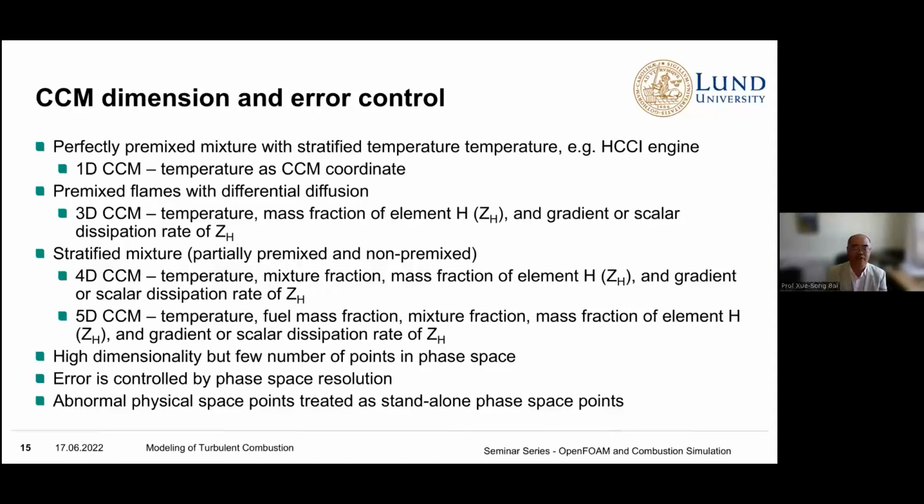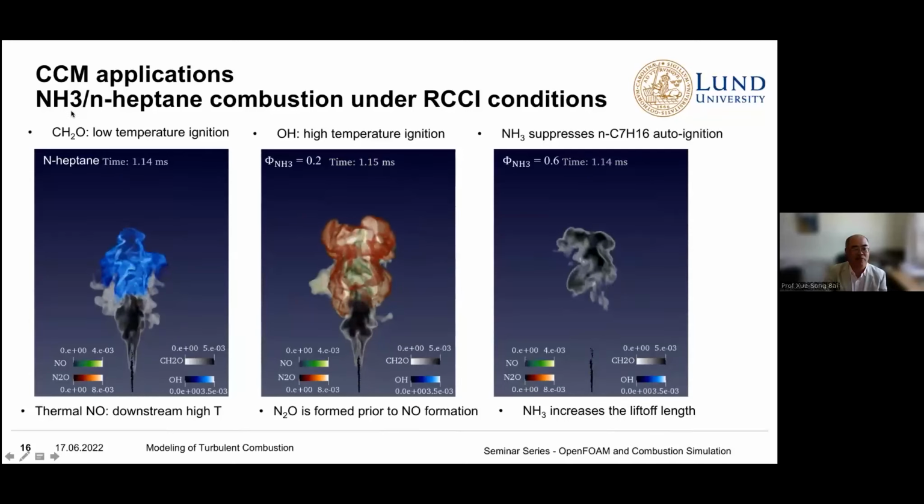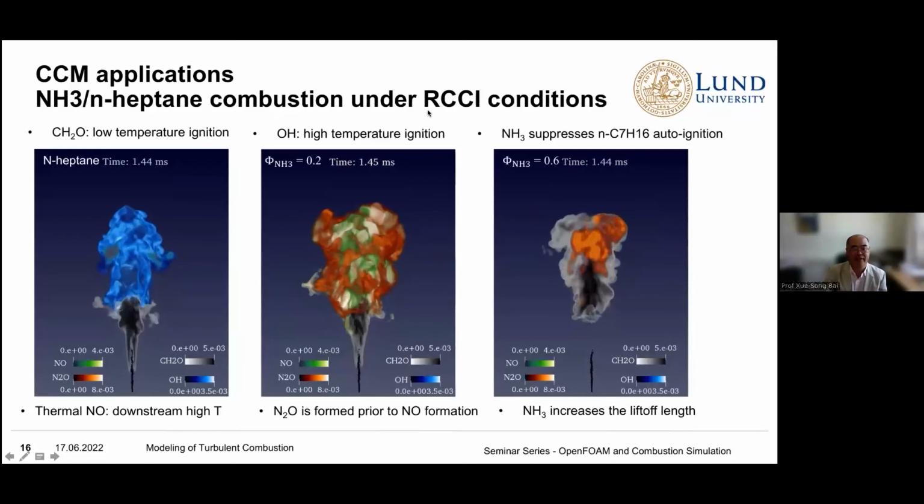But in case you have a few physical space points which cannot be mapped to the phase space, in case you choose a low dimension phase space, then you can treat them as standalone physical space points. So it means that you do the integration of the phase space points individually. So this is absolutely accurate, but there is a penalty of computational time.